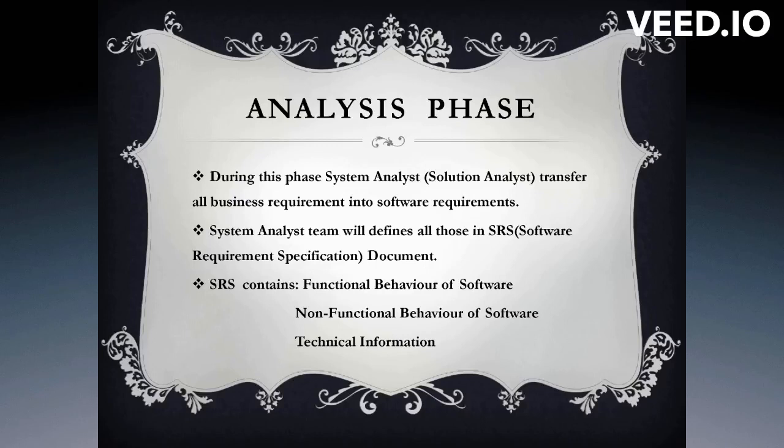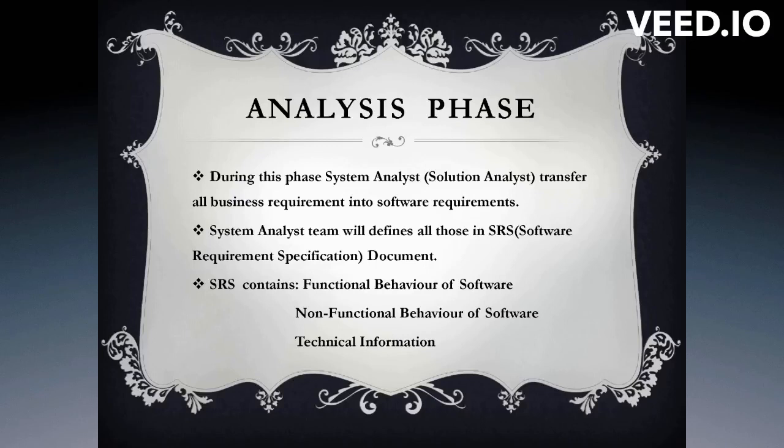So all those are transferred here into the SRS, which is the software requirement specification document. So what does this SRS contain? It contains the functional behavior of software, non-functional behavior of software and technical information.